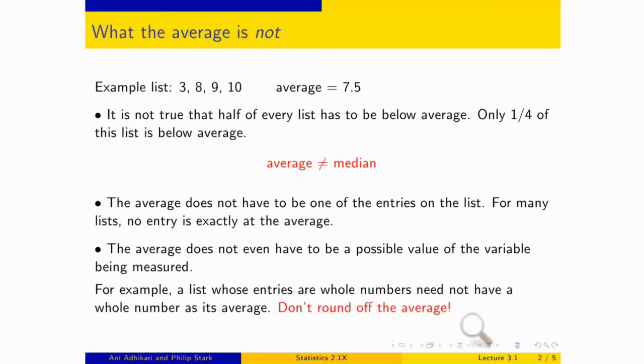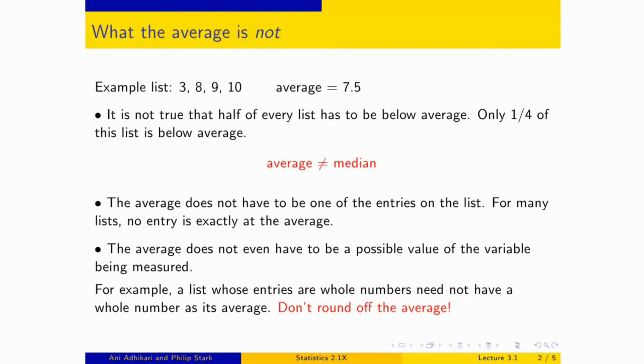The average is 7.5. And so the question that must be at the forefront of your minds is, well, okay, it's not this, it's not this, and it's not this. What is it then? It better be something good, because people calculate it all the time. And indeed, it is a wonderful quantity, the average, and we will go through what it actually does do.